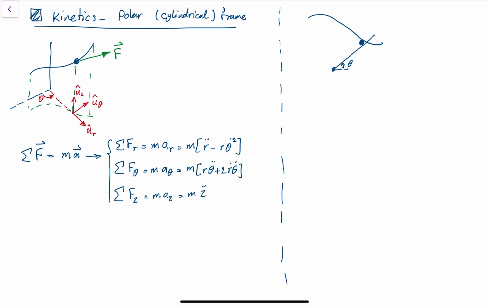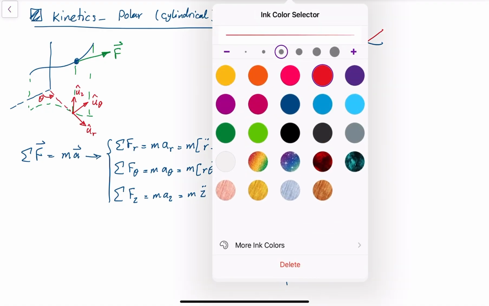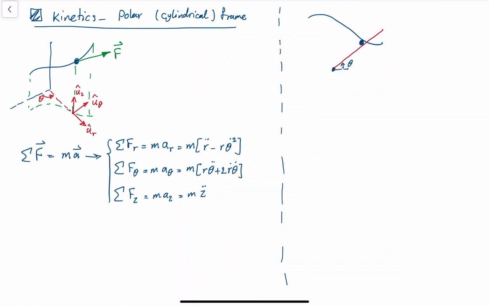What I want to emphasize is, let me change the color of this line. Make it red, the other one blue. The force of the red rod on the ball, if there is no friction, you have this normal force from the rod on the ball.